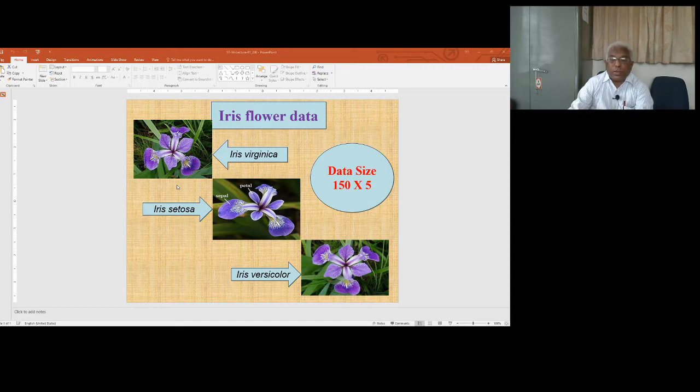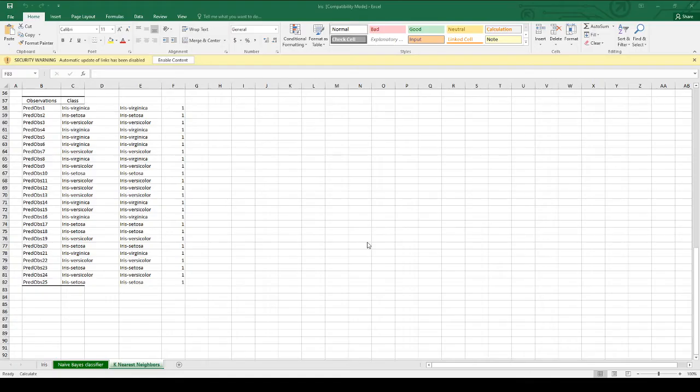Now I will show you the data on iris flowers. So let us see here. Let us wait for the data. Okay. So see, this is the data which I am going to show you here.